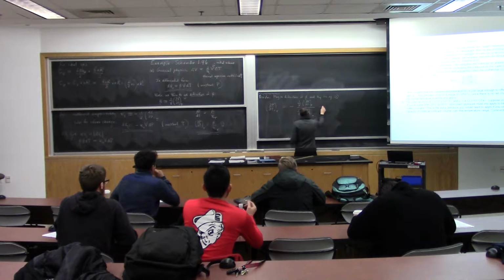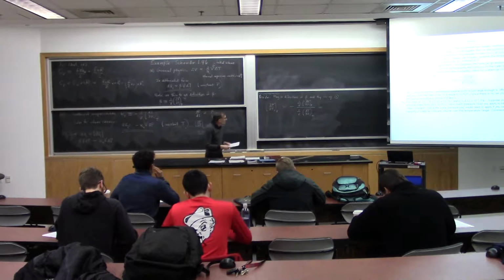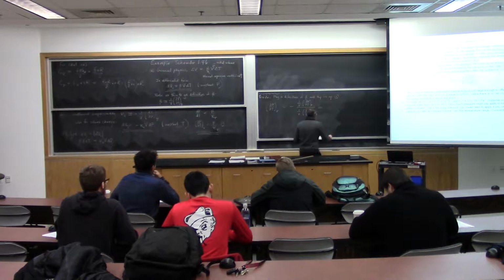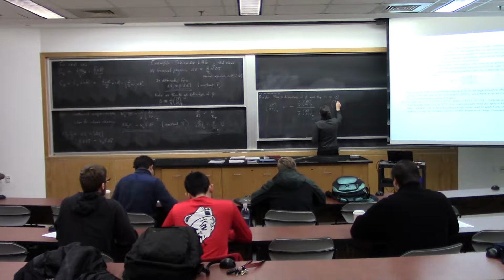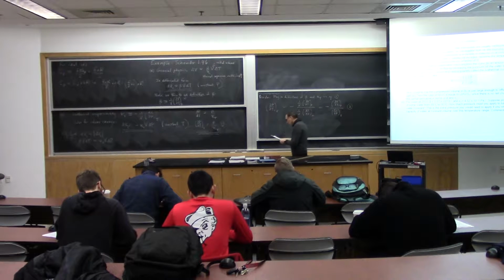Well, obviously, the factors of 1 over V are common in the numerator and denominator, so I can reduce this to negative partial of volume with respect to temperature at constant pressure divided by partial of volume with respect to pressure at constant temperature. I'm going to number that equation 2.